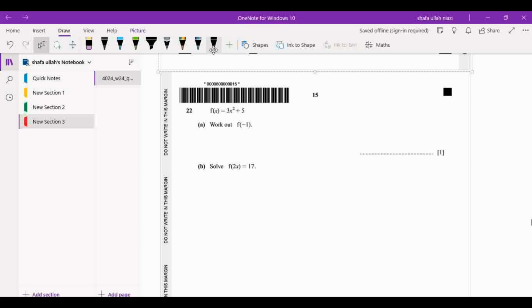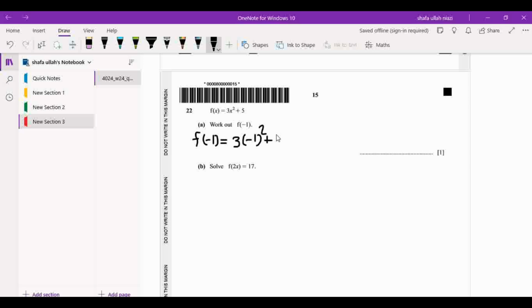So simple, put x equal to -1 in this equation. f of -1 will be equal to 3 into -1 squared plus 5.